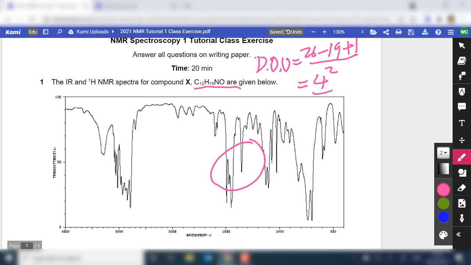Normally we associate this with the C=C aromatic system, the C=C stretches in the aromatic ring. That gives us a telltale sign that we might have one aromatic ring present. And of course, if you are sharper, you can see some overtones here.